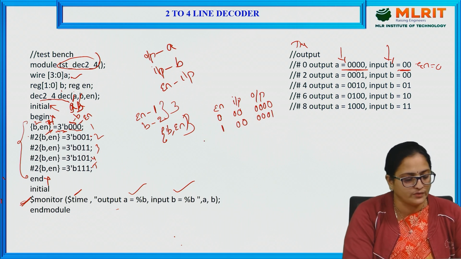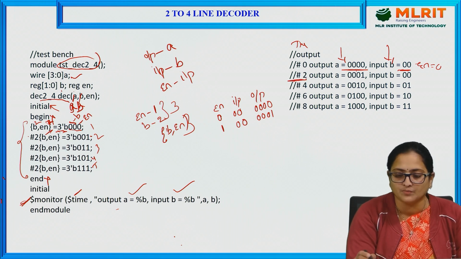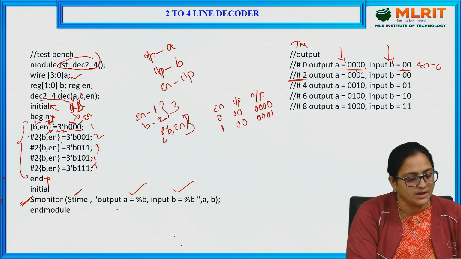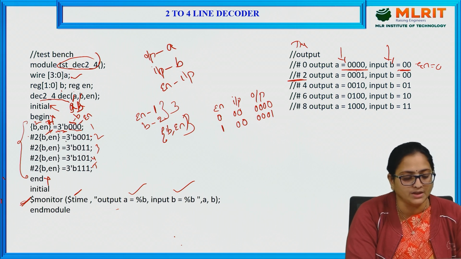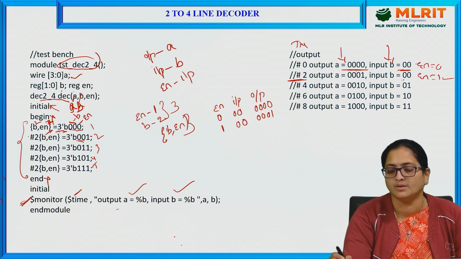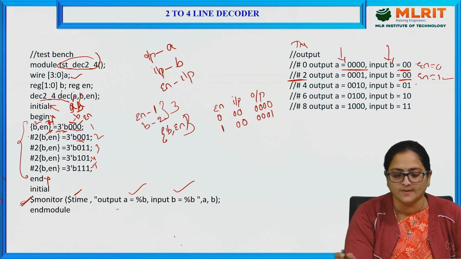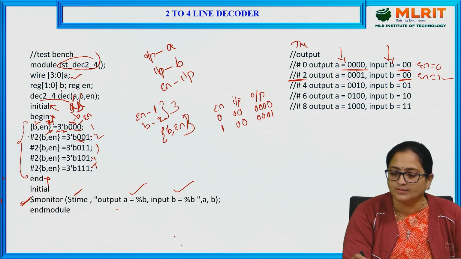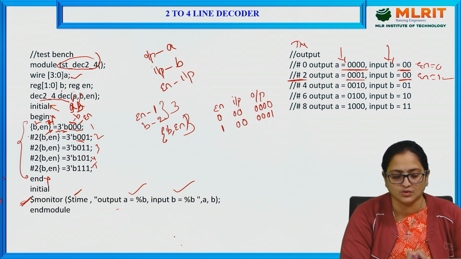So now if you can see at time 2 intervals, first we'll see the input value. Input value is given with B as 2 zeros and enable pin is 1. So here the enable pin is 1, B value is given as 0, 0. So you will be getting output of 0, 0, 0, 1.